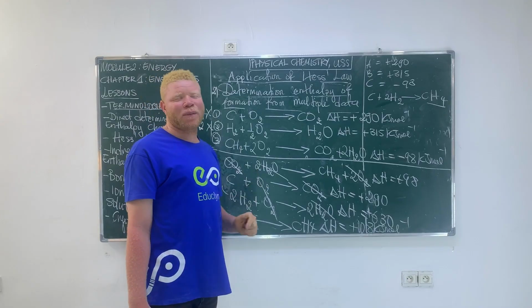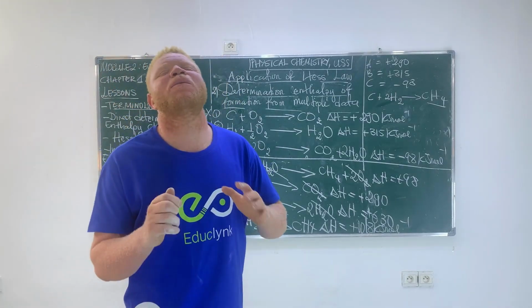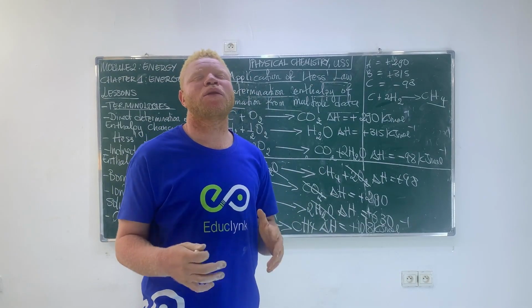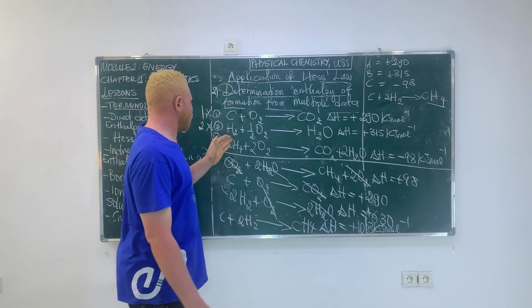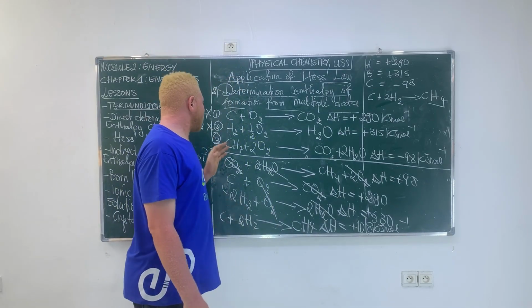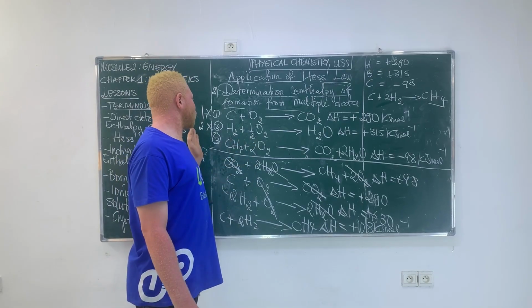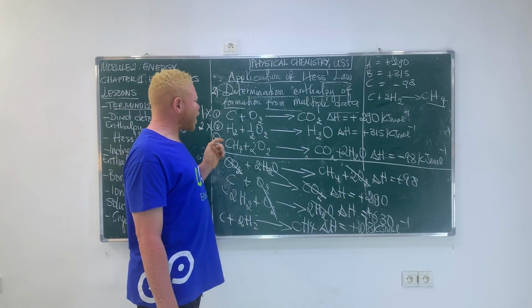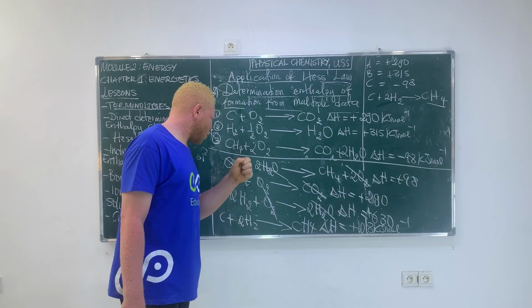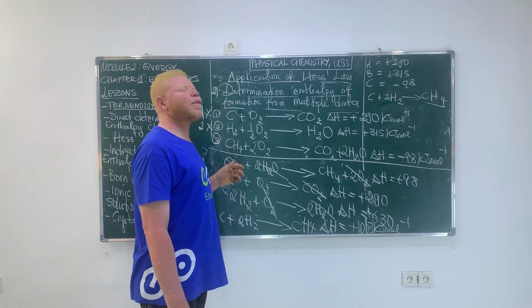In front of water I have two, so I multiply the water equation by two. I'm going to have H2 times 2, that is 2H2, plus half O2 times 2, that is O2, giving 2H2O.